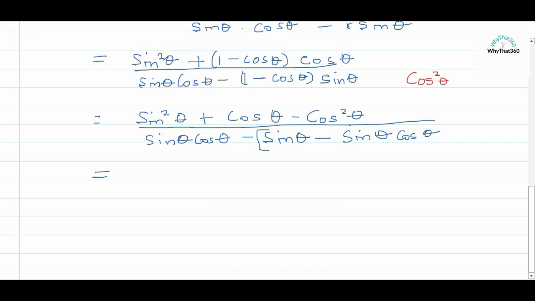Let me just delete everything and then rewrite that so that it will be bold enough, and I'll have more space. We have cos squared theta minus sine squared theta as equal to cos 2 theta.